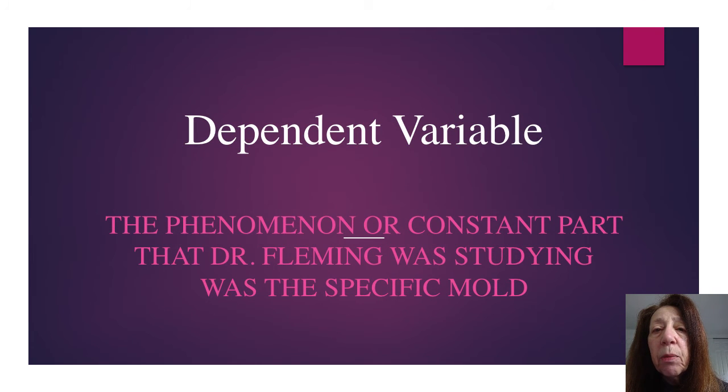So let me discuss the dependent variable. In Dr. Fleming's case, the dependent variable was mold. He consistently had mold. So you need something all the time that's observable. That's your dependent variable. That doesn't change.